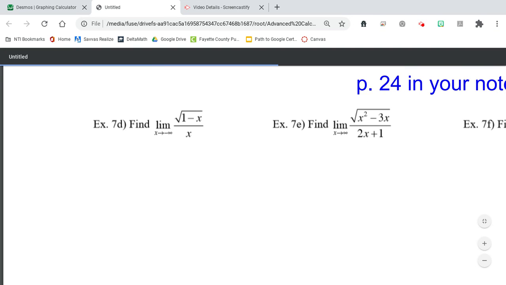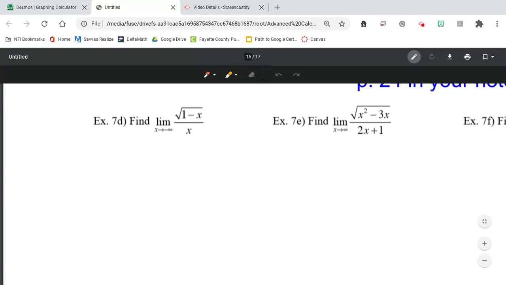I can still use the idea of comparing the degree of the numerator and the degree of the denominator, but I have to take into consideration the radical. So if I were to compare straight up, I would just compare like the degree of the x and the degree of the x, but the problem is this x is under a radical. So what you'll do for these is you're just going to think of it as the only term that's going to be relevant is the term that would have the highest exponent.